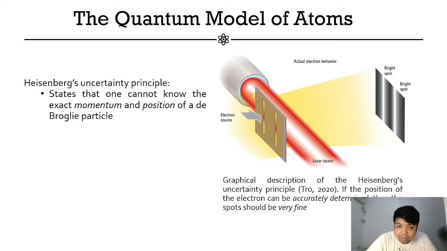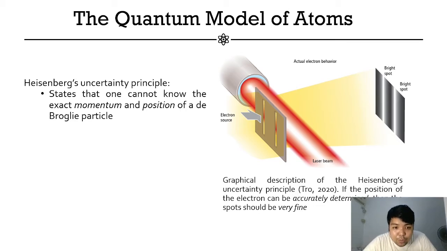The laser beam will interact with the electrons such that, when it hits the film, the light area here should be the area wherein the electrons and the laser beam interact. The dark spots here are where there is no interaction between the electrons and the laser beam, because no electrons have passed there in the first place.